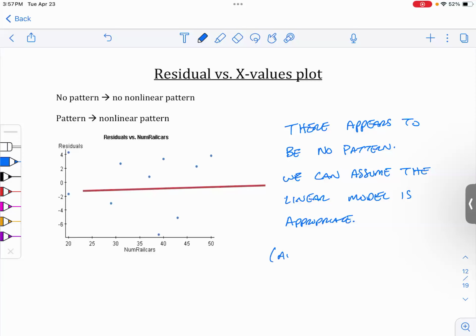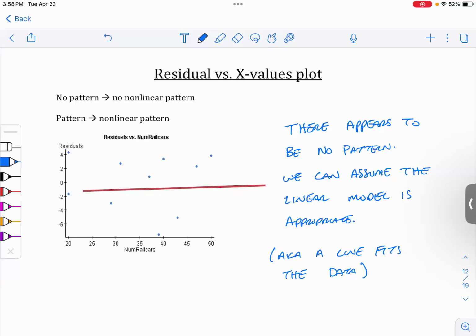And that basically says, AKA, a line fits the data. And those are our two assumptions, all right? The linear model is appropriate and the residuals are normal. If those are both met, then all regression is appropriate to be conducted.